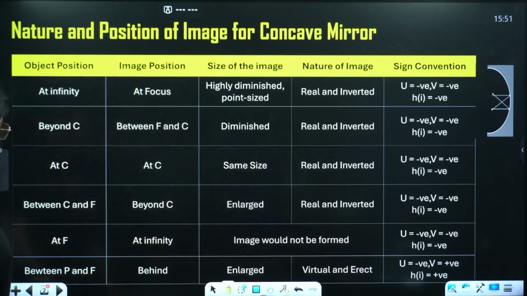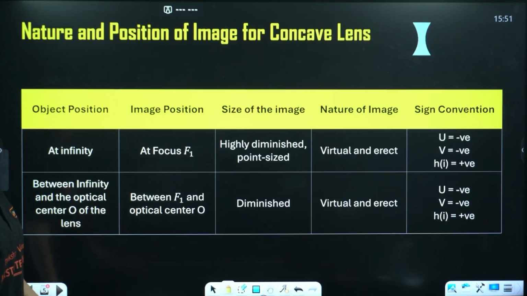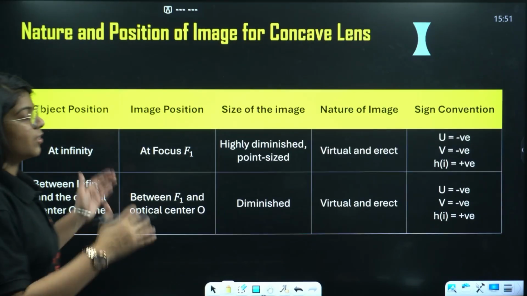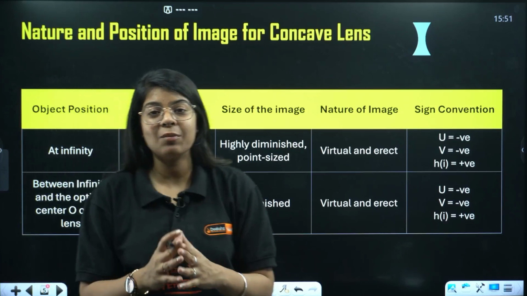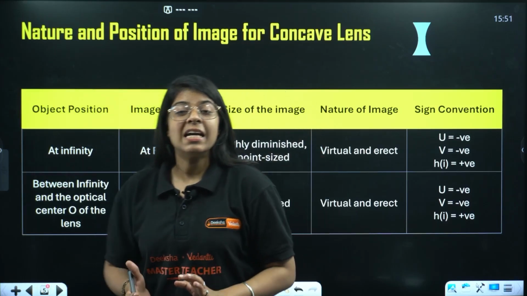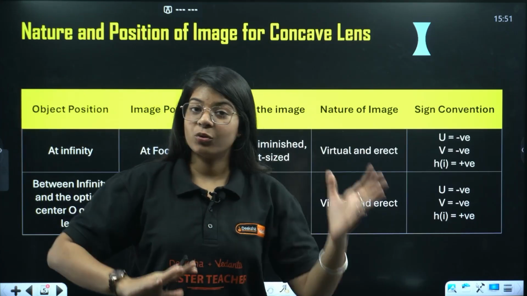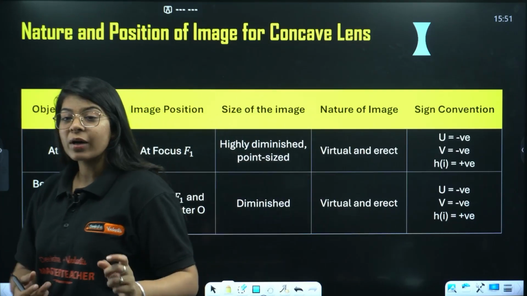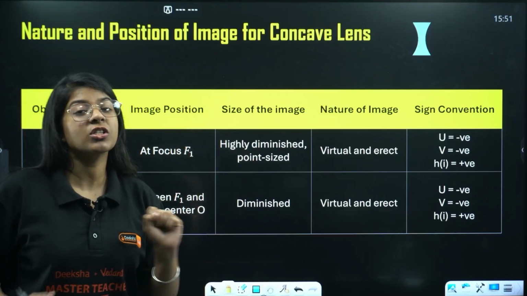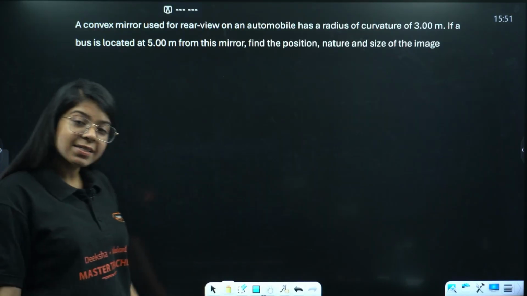And not only concave mirror, for convex mirror, for convex lens, and for concave lens as well. This sheet is going to be very important. If you are confused about sign conventions, I have made a video for that. Go watch that, how to understand, how to revise and how to remember those, okay? These sign conventions are very important for your diagrams, so keep in mind and revise them properly.